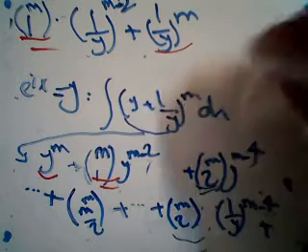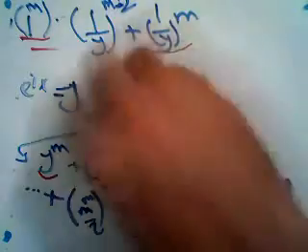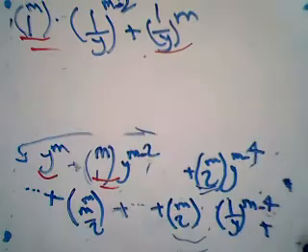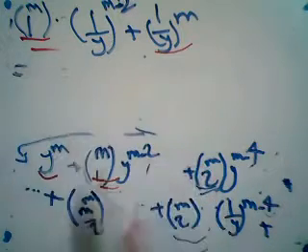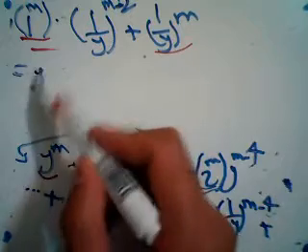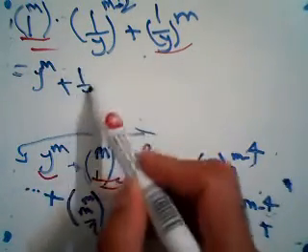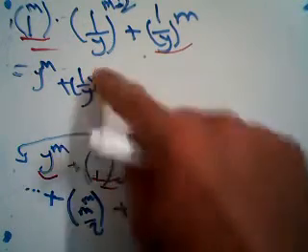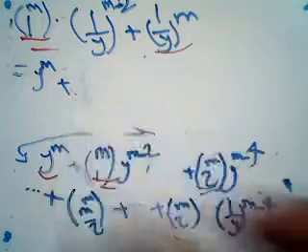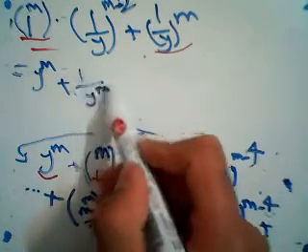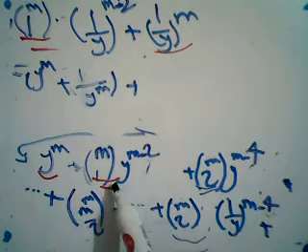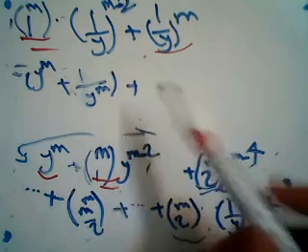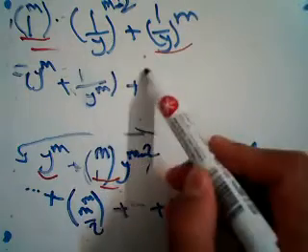So we could write it as: take the first term and the last term, y to the n plus 1 over y to the n, plus the next one from the start and the next one from the end, which have the same coefficients.